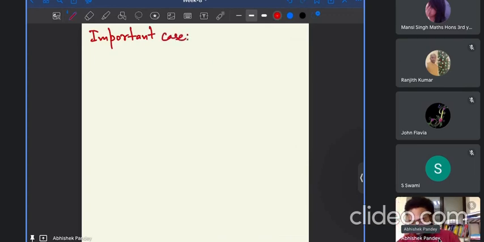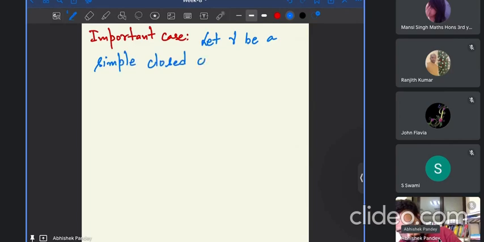So let gamma be a simple closed curve, since it is a Jordan curve, and z naught be a point inside gamma.